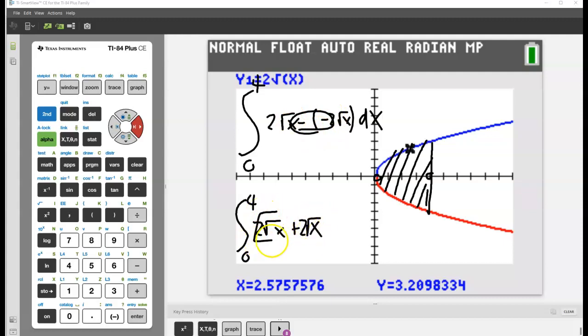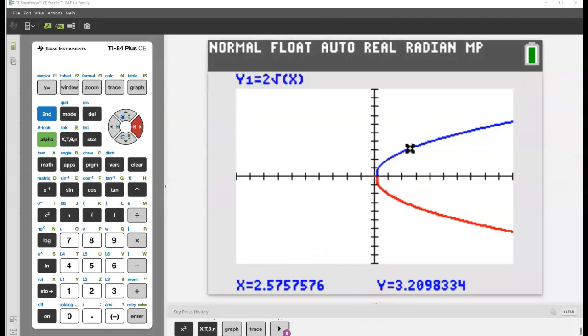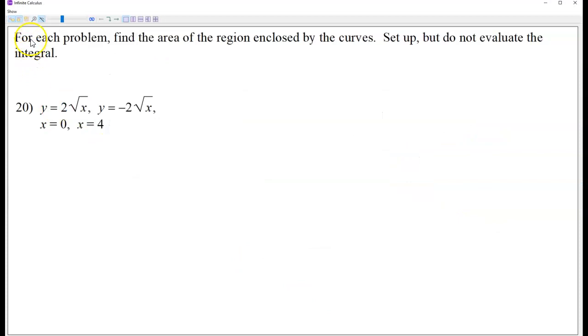Now, personally, if I was doing this, rather than letting a computer generate the questions for me, I would have just added these together and put 4 square root of x, but they're going to leave it separate like this. And you guys are going to be doing a multiple choice test, so we want to make sure you know how to identify it. So that's what it would look like.